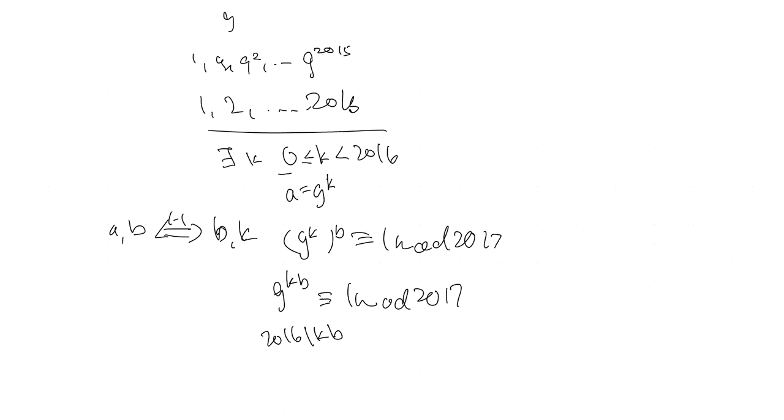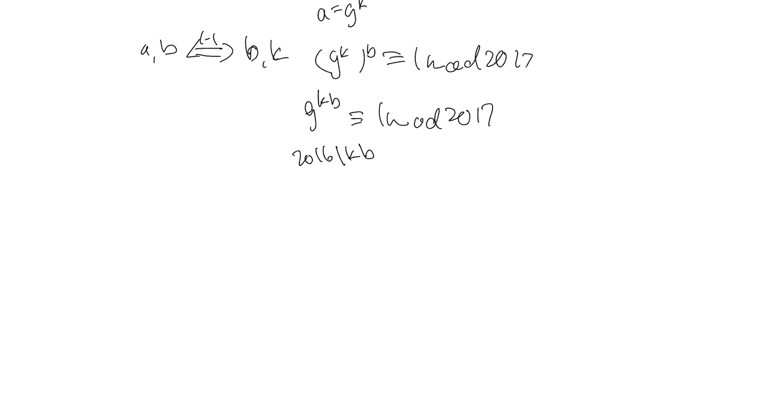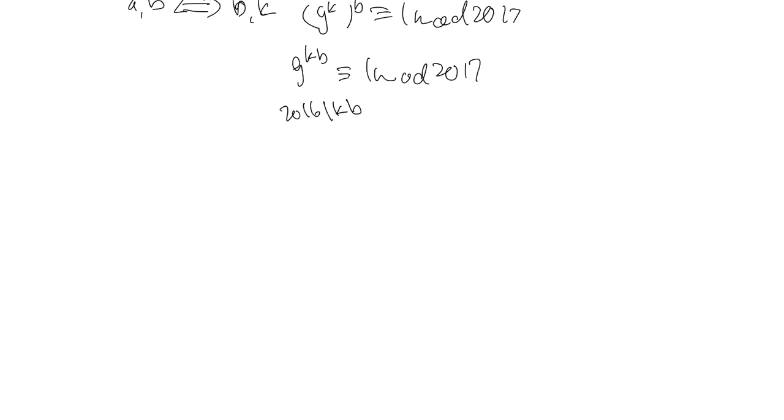And now we're going to take a number theory path of analyzing the divisors and factors. What we can analyze from this is that of the factors of 2016, those that are not in b are in k. I think this is obvious enough, because otherwise 2016 can't divide k times b.